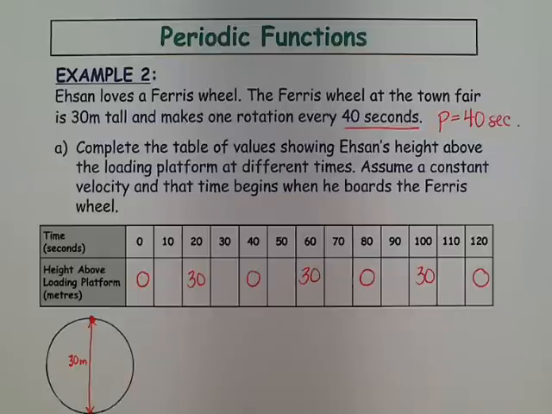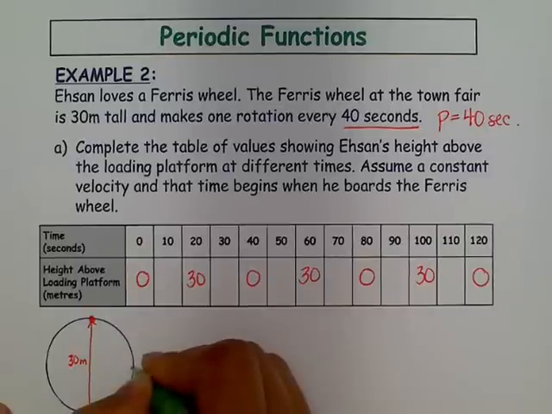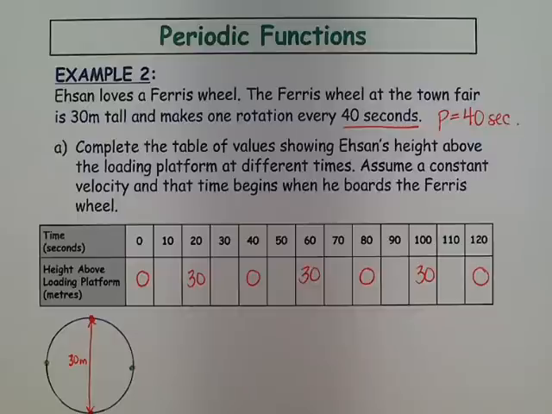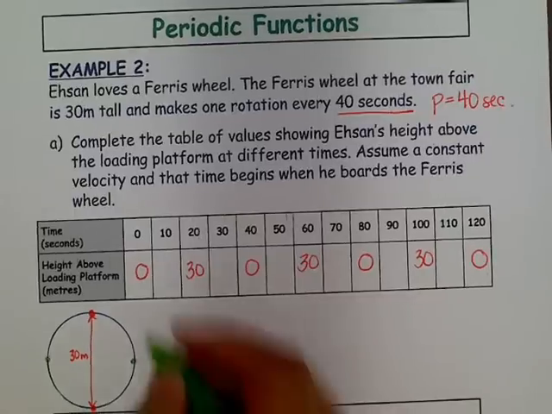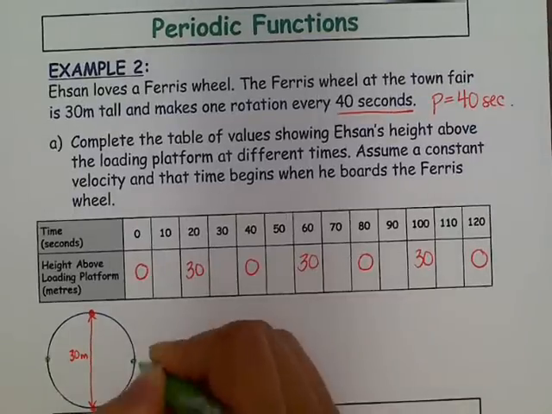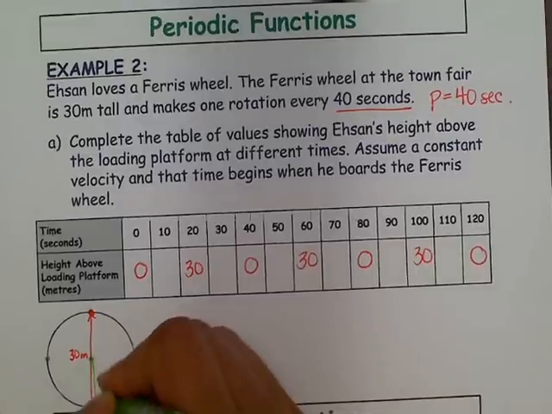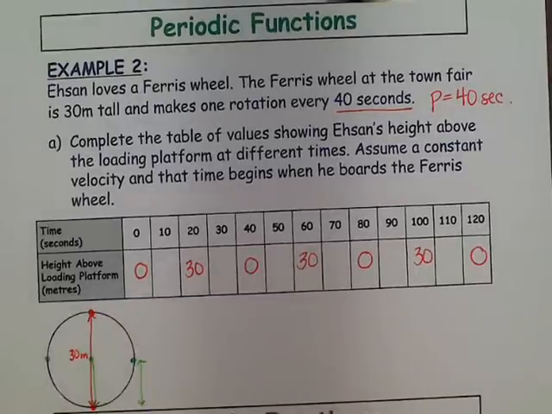Now what we're going to look at is what happens 1/4 of the way through one cycle and 3/4 of the way through a cycle. So 1/4 of the way through the cycle he's here, and 3/4 of the way through the cycle he is here. Now at those 2 points we need to figure out what his height above the ground is going to be. And if you actually notice, this is the distance from the center down to the bottom of the circle.